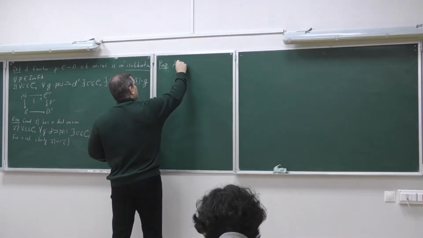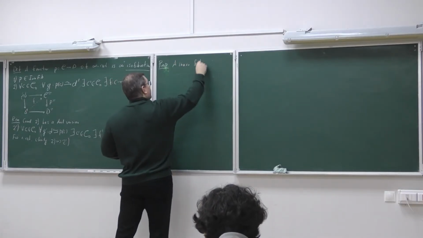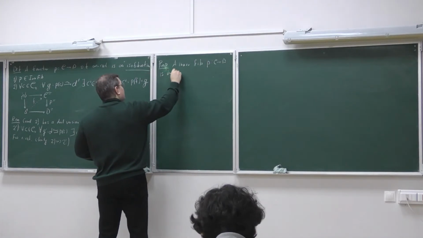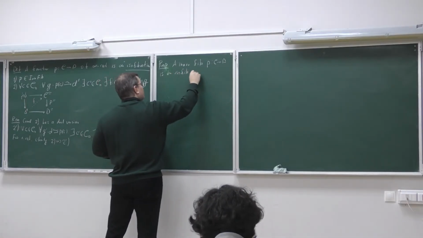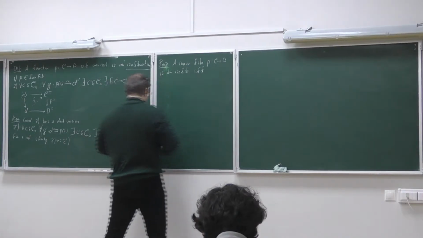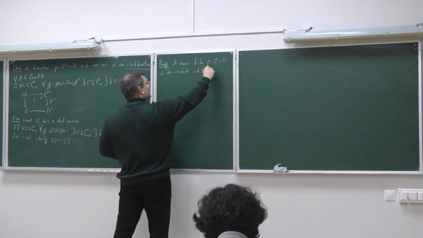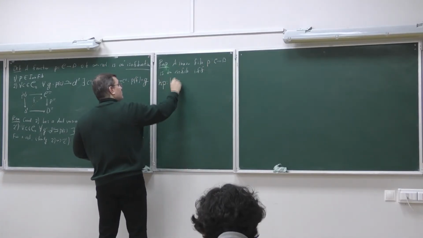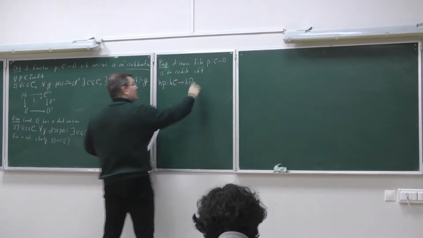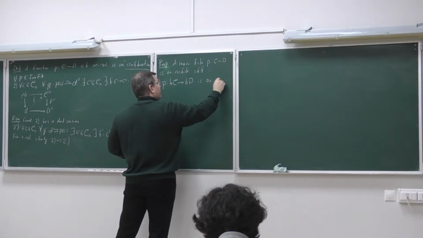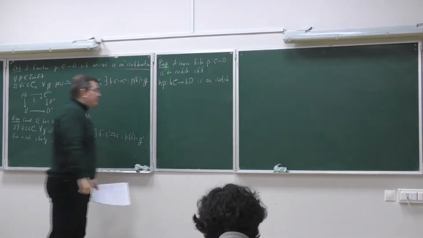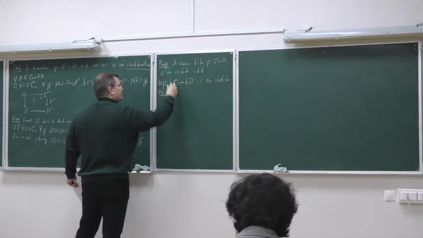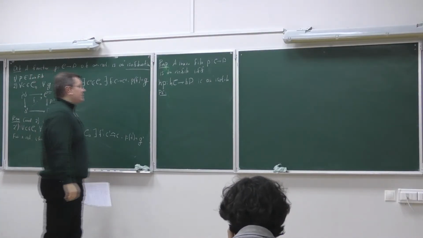So an inner fibration P from C to D is an isofibration if and only if what this induces on the homotopy category, H of P from H of C to H of D, is an isofibration, but that's for ordinary categories. The proof is left as an exercise. It's not a complete tautology; you just need to recall the definition of the homotopy category and see how this works.